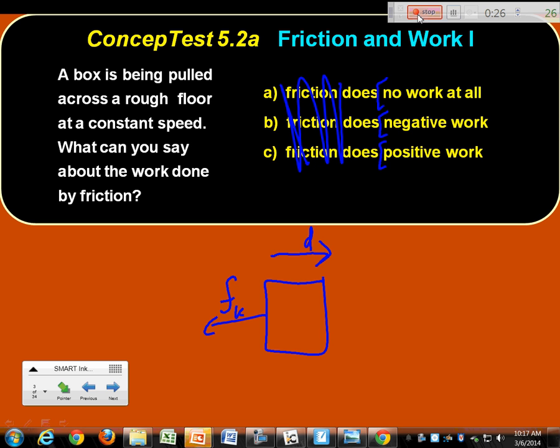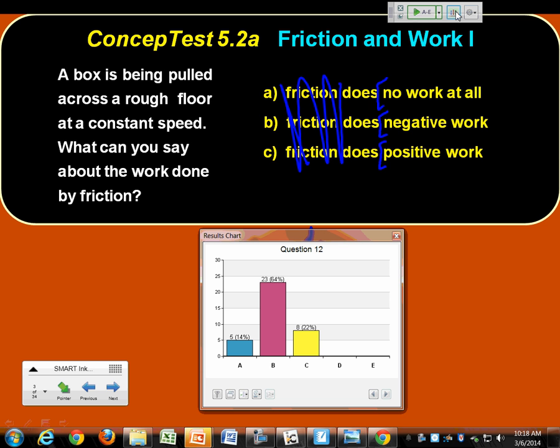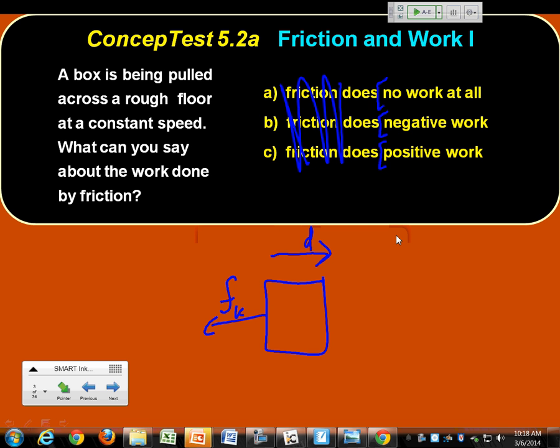I'll stop at 35 seconds. Remind you of the definition of work. The work is equal to the force times the displacement.